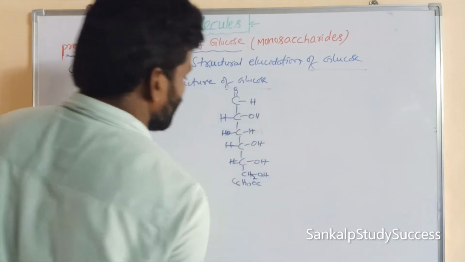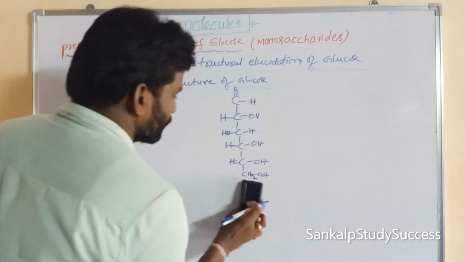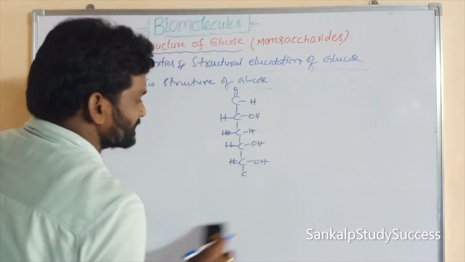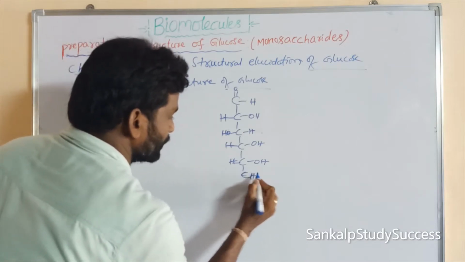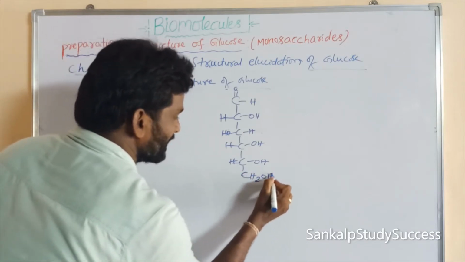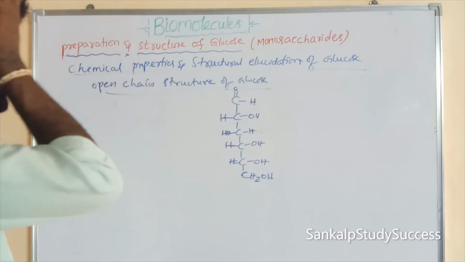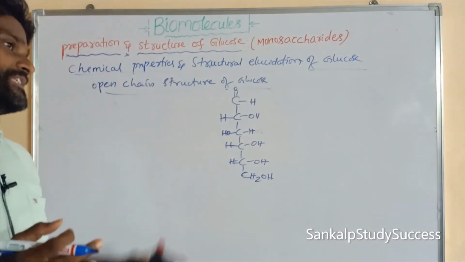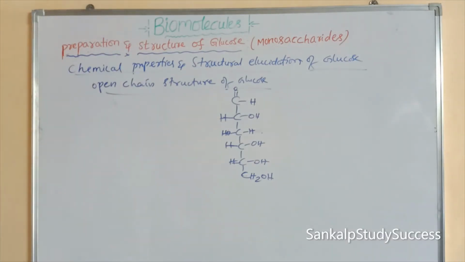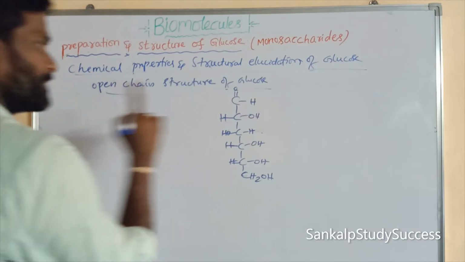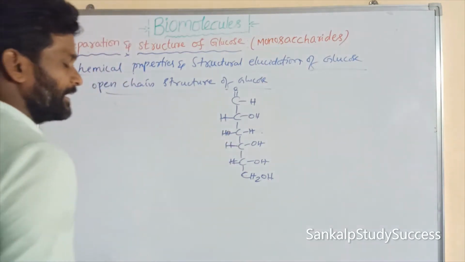Each carbon must contain 4 bonds. So this is the open chain structure of glucose. According to the above chemical reactions, the open chain structure of glucose was proposed by Baeyer. So this is the open chain structure of glucose, right?